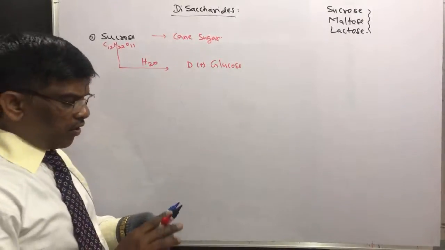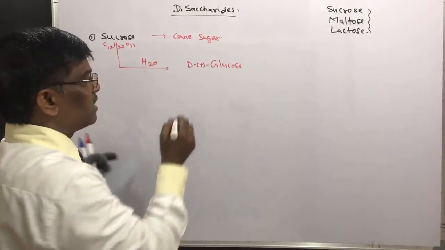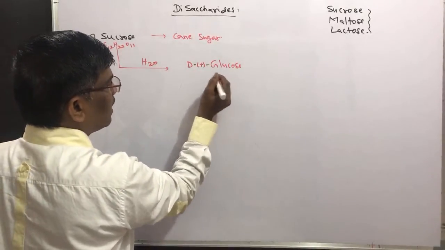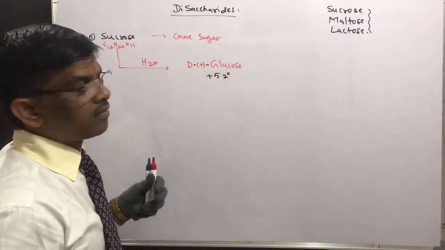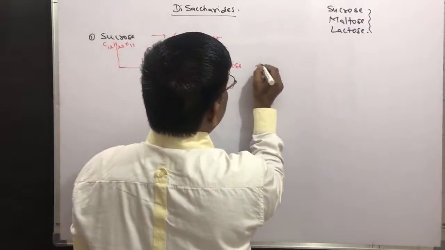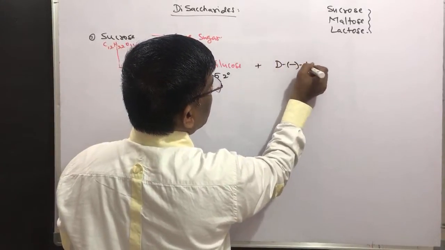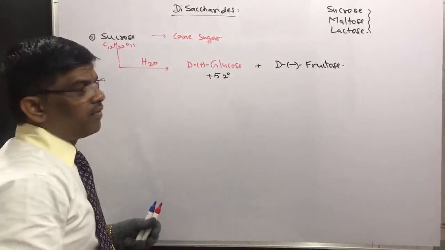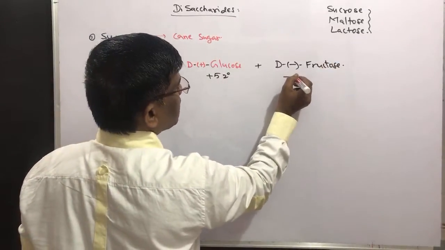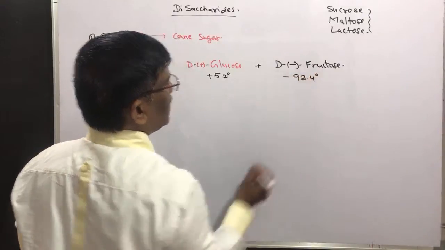So what is the optical rotation of D plus? Just now I have said. So it is, let me take, plus 52 degrees. Yes? And D minus fructose. What is the optical rotation of this? It is minus 92.4 degrees.